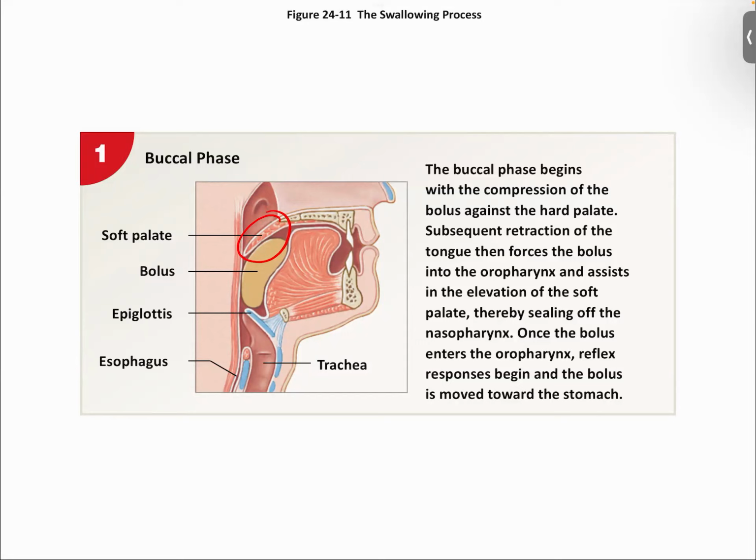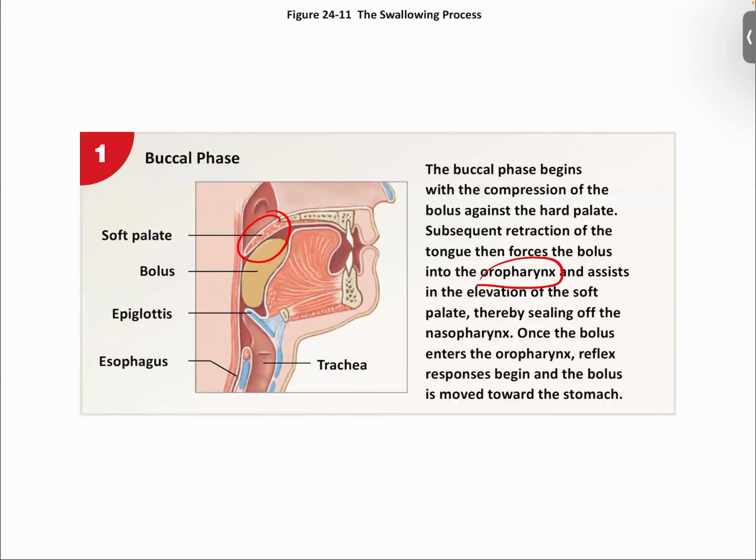Our gag reflex back in that area. And so at this particular point, as we move this to the back side of our throat, the food crosses the line from voluntary to involuntary. You don't have to think the food down, do you? All you have to do is move it to the back of your throat, and then it automatically goes down, okay?